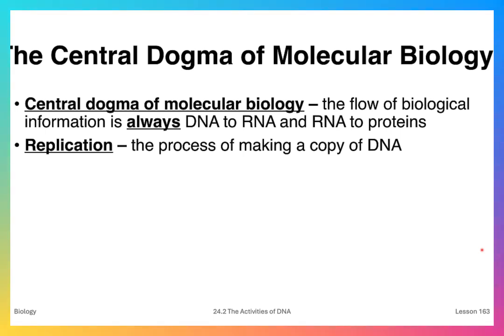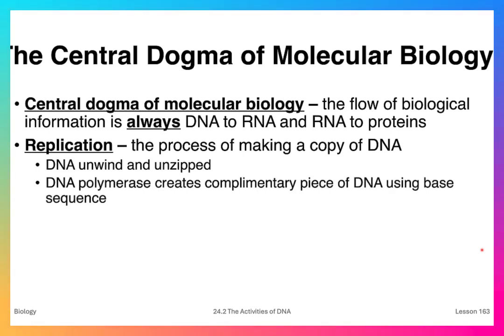Replication was the process of producing DNA from DNA, and in that process, DNA is unwound and unzipped from its double helical structure, and then a DNA polymerase comes along and makes a complementary piece of DNA. Now, complementary means that the base pairing is matched so that it's the same DNA.